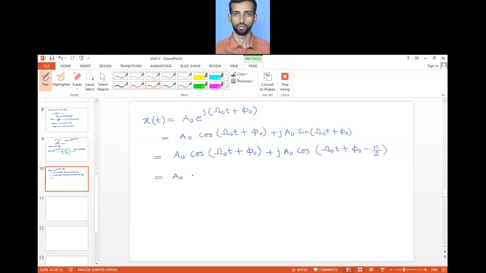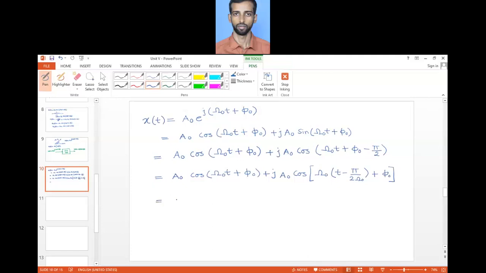So this can be written like A naught cos(omega naught t plus phi naught) plus j times A naught cos(omega naught, then t minus pi by 2 omega naught, plus phi naught).